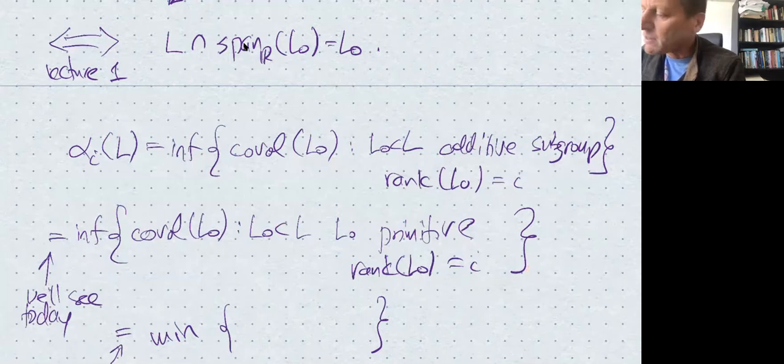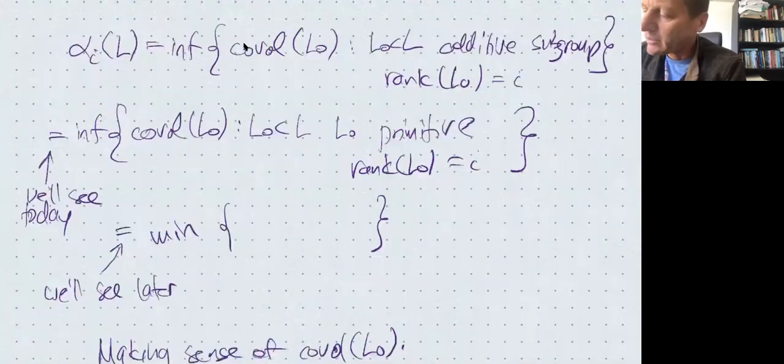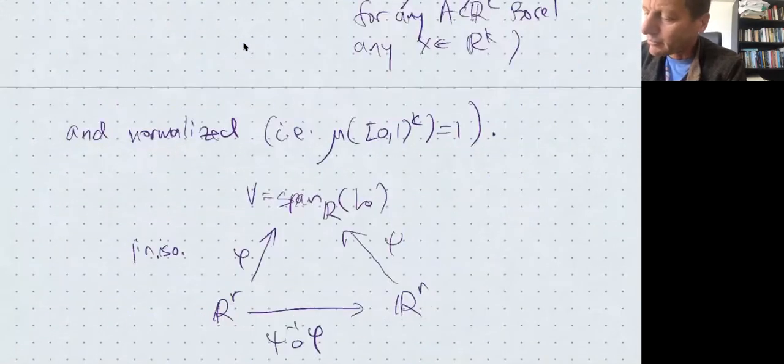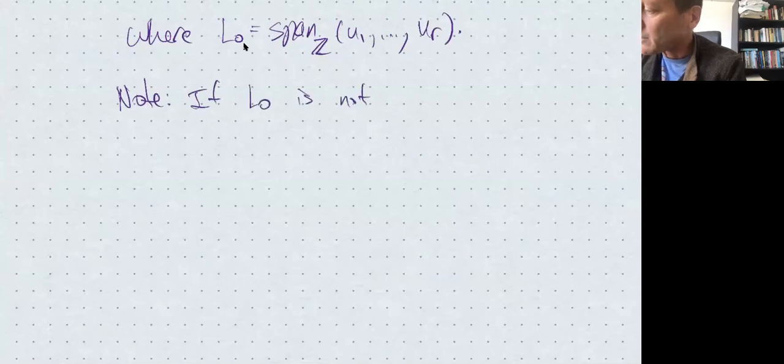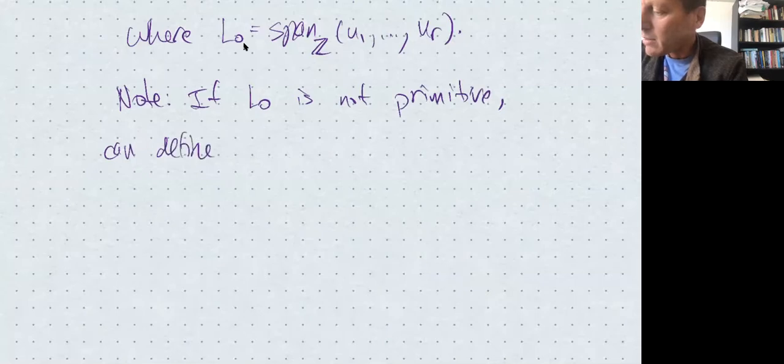But at the same time, if L0 is not primitive, then we can define L1 to be the intersection of L with the span of L0.